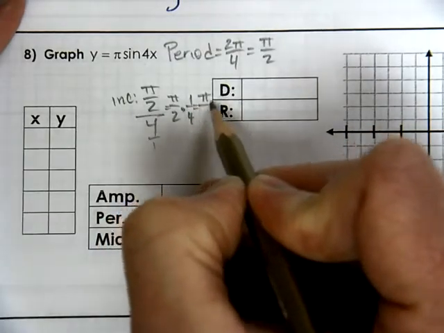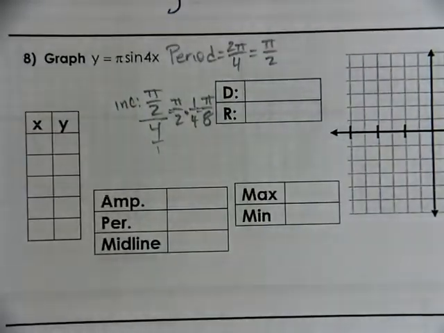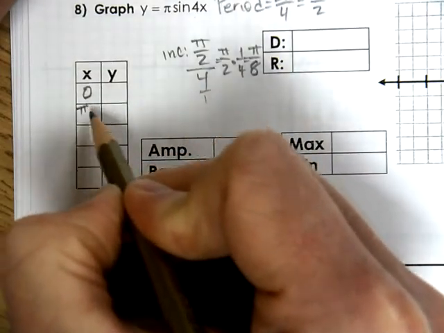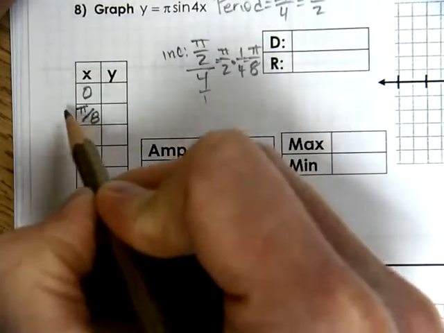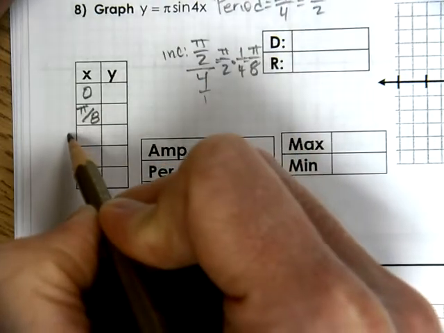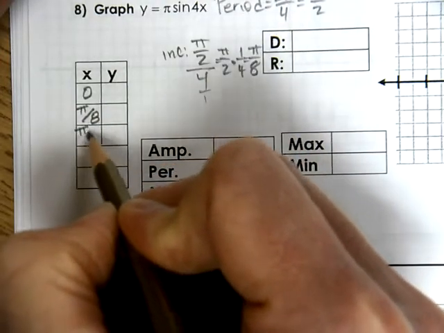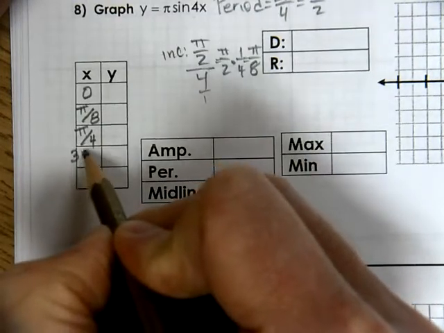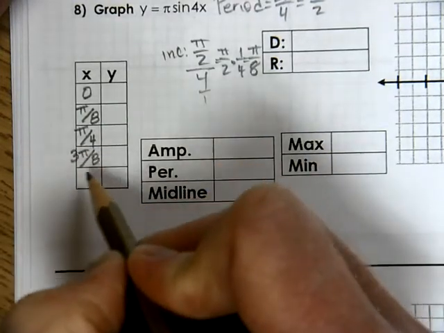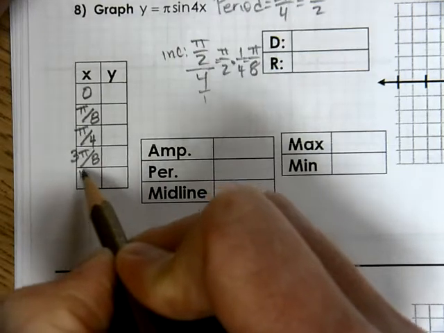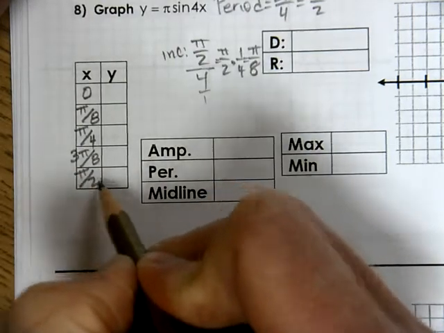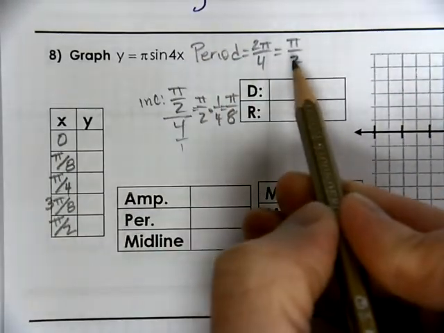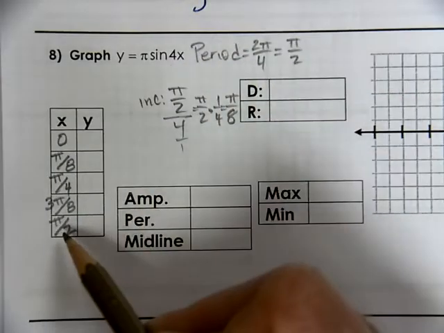So we're going to count by pi over 8. We'll start at 0, and that gives us 1 pi over 8, 2 pi over 8 is going to be reduced, 3 pi over 8, and 4 pi over 8, that's going to be reduced. And that last one is going to be the period. It's always going to match.